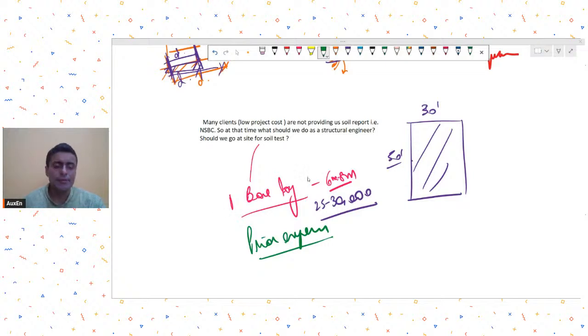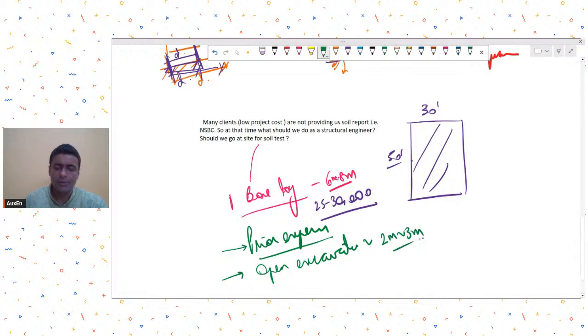let's say after removing the black cotton soil, we can take up to 18 to 20 tons per square meter as our SBC. Okay, so you need some prior experience in that form, or maybe you can go for some open excavations. On your site, you can do some open excavations of around, let's say, 2 to 3 meter deep open pit, and that open pit you can investigate.